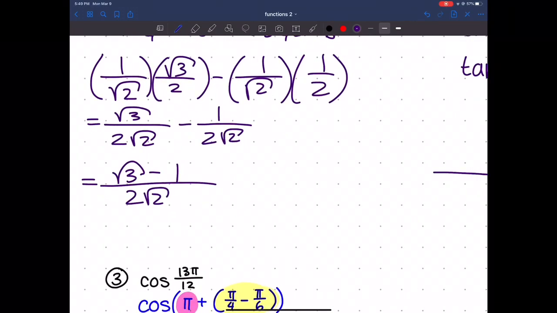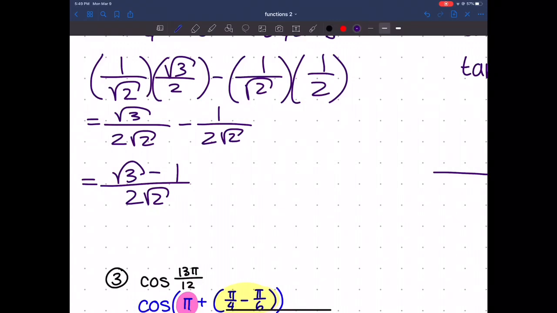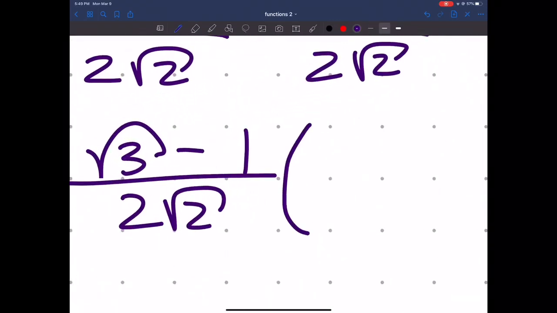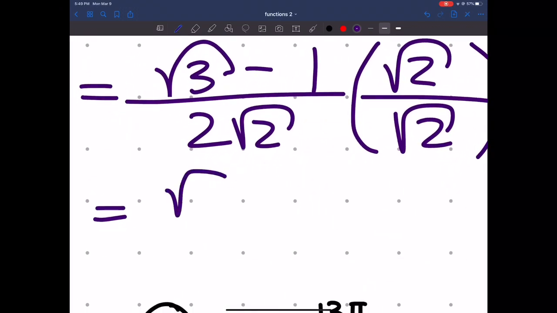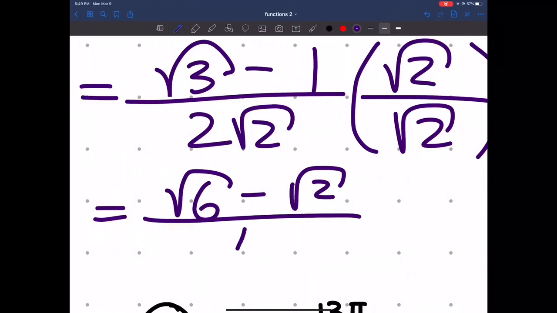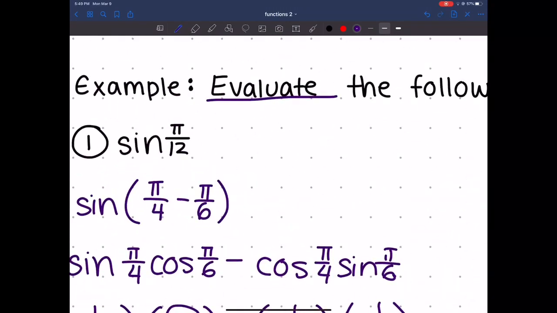So you can leave your answer like this depending on your teacher, but if your teacher wants you to rationalize the denominator, don't forget to do that. So just simply multiply it by root 2, and then you will get your final answer as root 6 minus root 2 over 4. And that's how you solve questions like this. Just break it down.